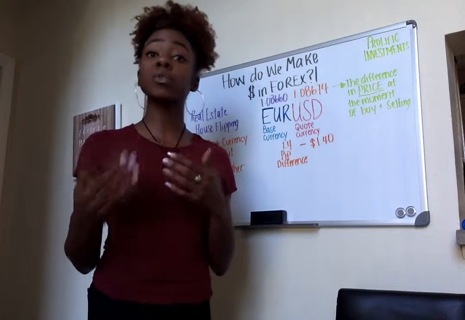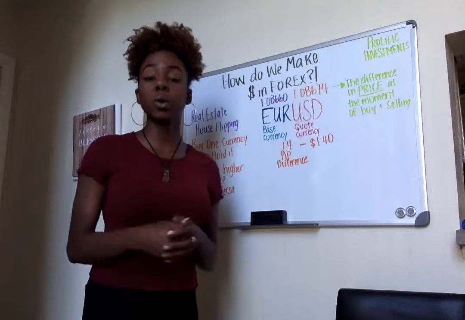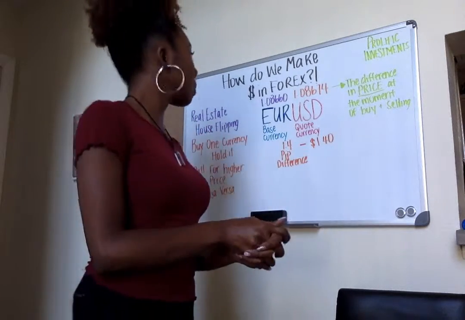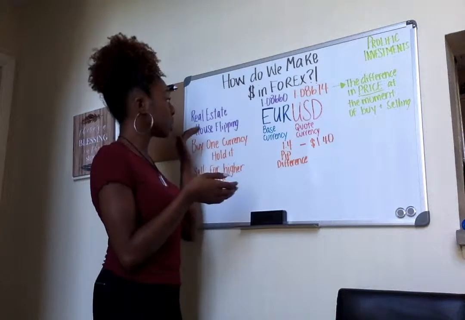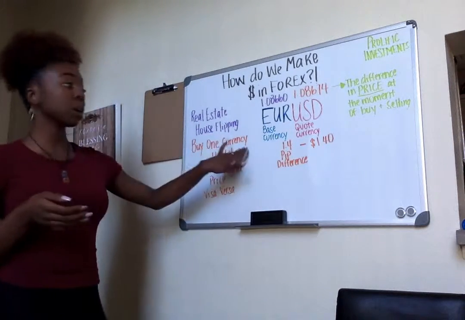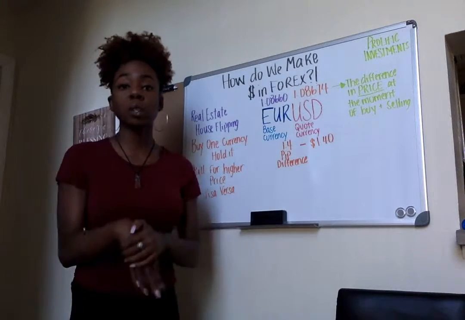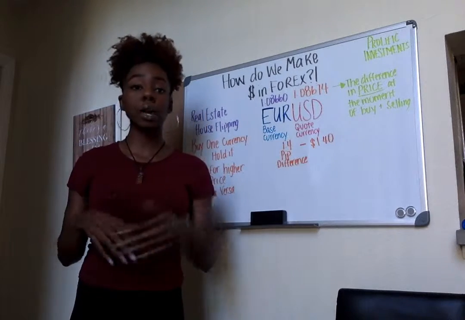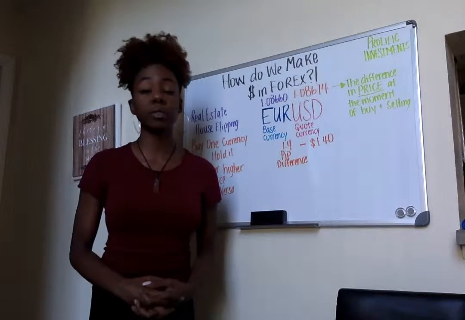There's different types of traders that I will also explain in another video so you can understand what type of trader you will be. But back to understanding how it's similar to house flipping. You can buy one currency and then hold it for a couple hours, 4 hours, 8 hours, overnight, or a couple of minutes if you choose to be that type of trader.